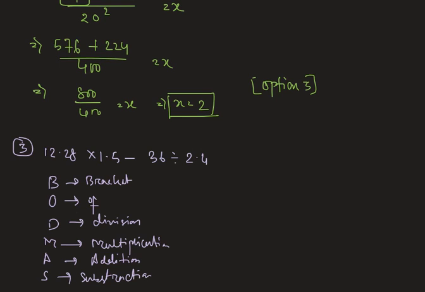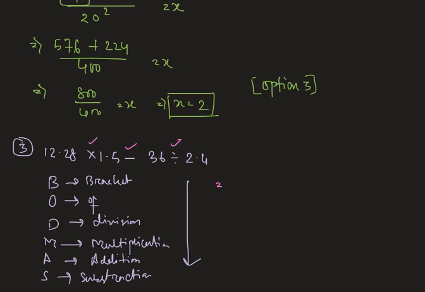So we do these particular operations in this order. That is, first of all bracket, then of, then division, then multiplication, then addition, and lastly subtraction. In this given problem, we only have three of them: multiplication, division, and subtraction.